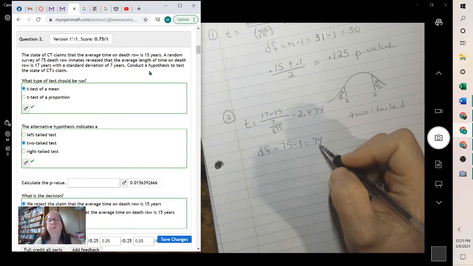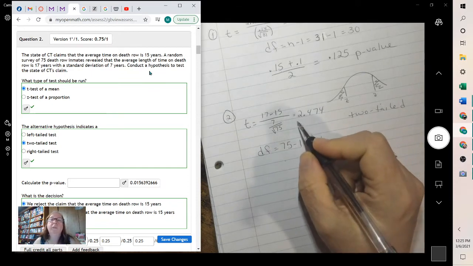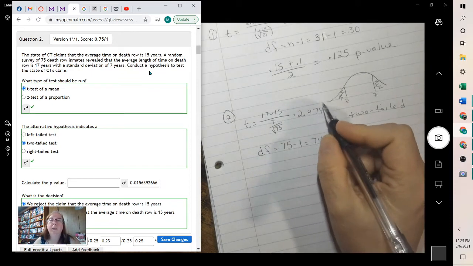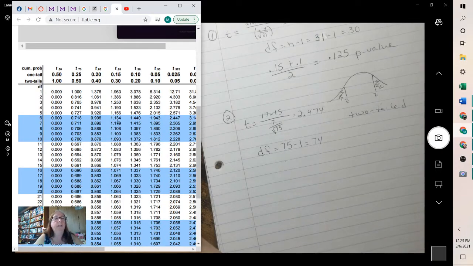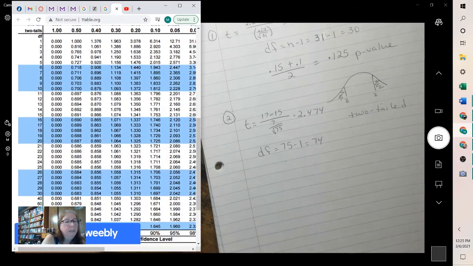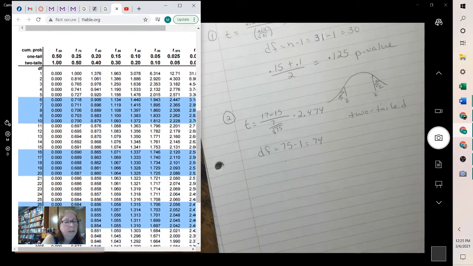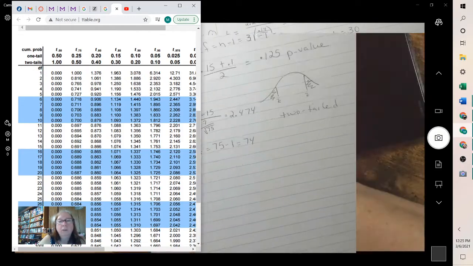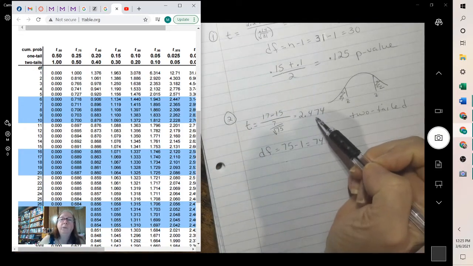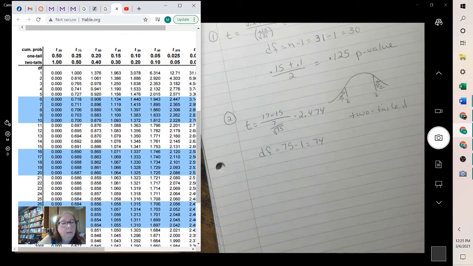And so we're going to go degrees of freedom 74, and then we're going to go across and look for this value. So if I click on my normal table, 74, which I think we got to go with 80. So it's a little closer to 80 than 60. And we go across and we're looking for a 2.47.